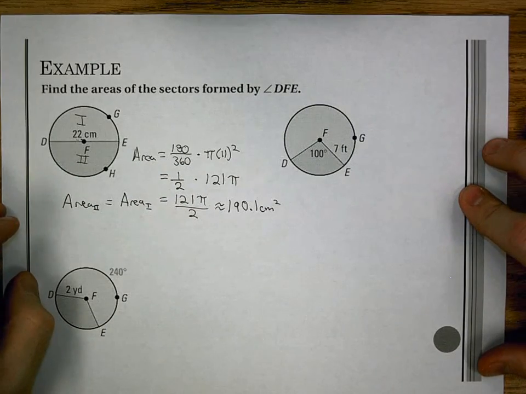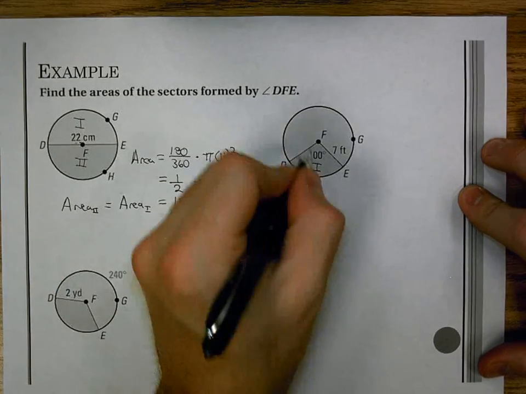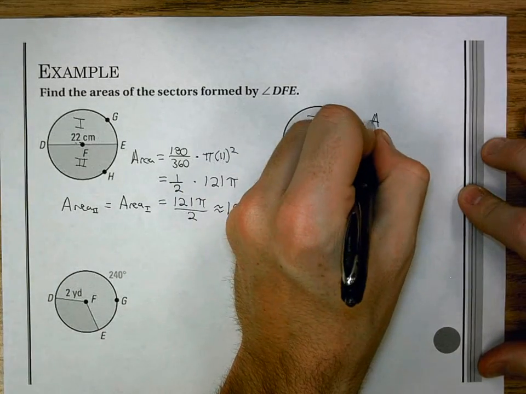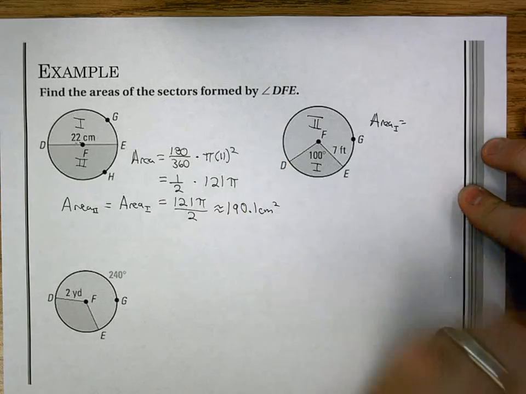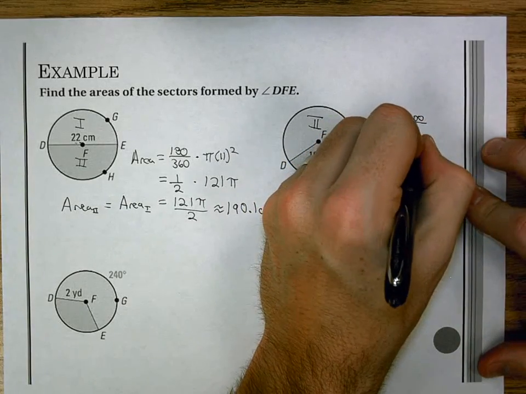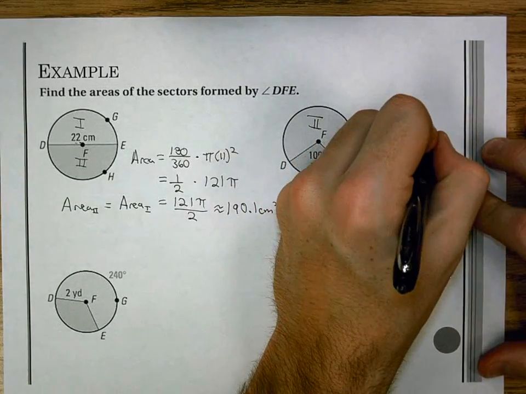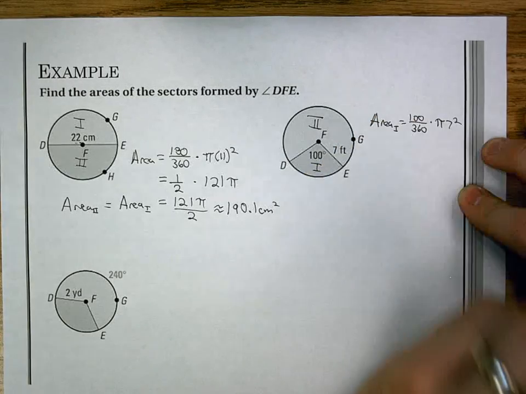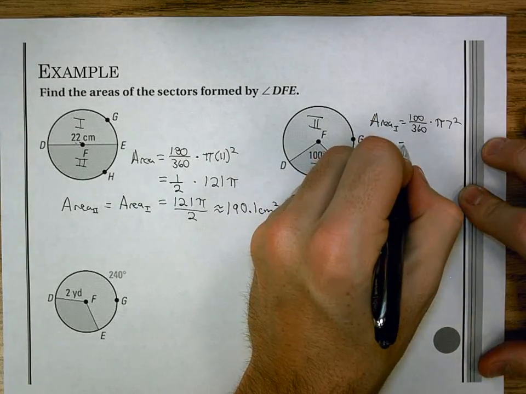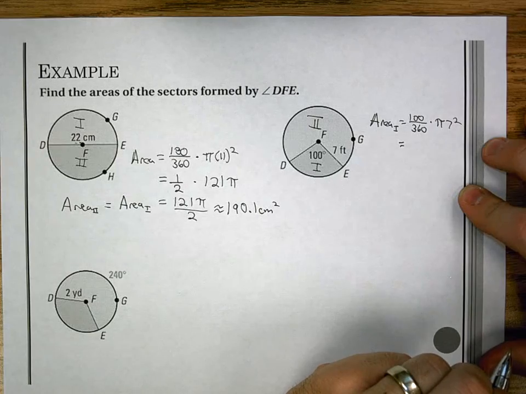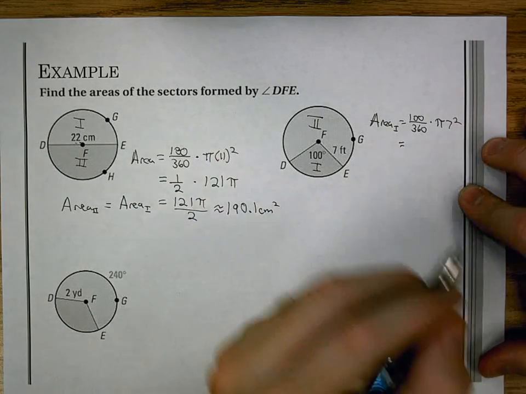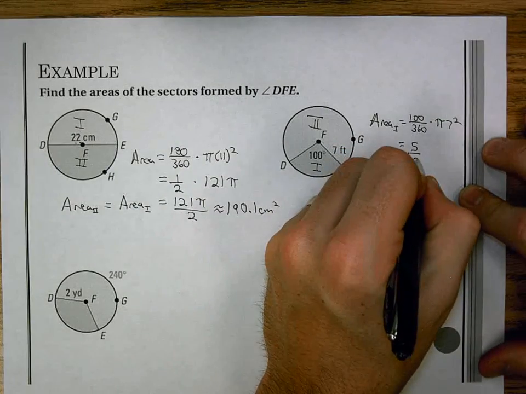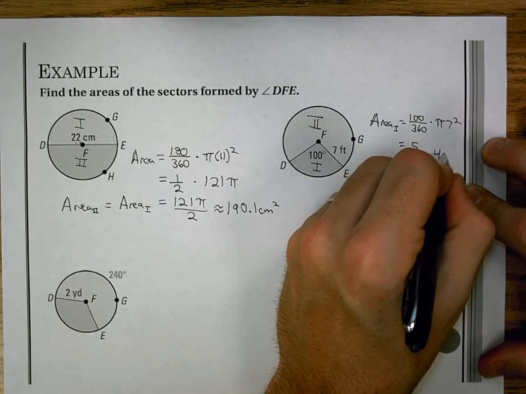For the one on the top right, if we looked at 1 and 2, our area of 1 is going to be 100 over 360 times pi times 7 squared. 100 over 360, I can cross out the zeros, and I get 10 over 36, which is actually 5 over 18, times 49 pi.